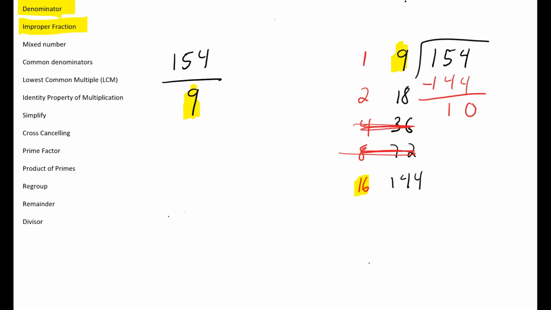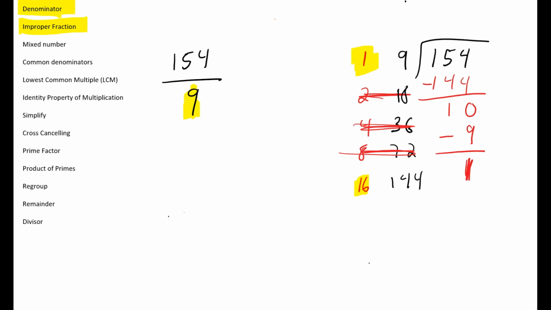Can't use 4, that's too big. I can't use that one, that's too big. I can't use the 18 because that's bigger than 10, but I can use the 9. I can use it one time. And I have 1 9 here, and I'm going to subtract it off. So I'm going to have minus 9, and that's going to give me 1.